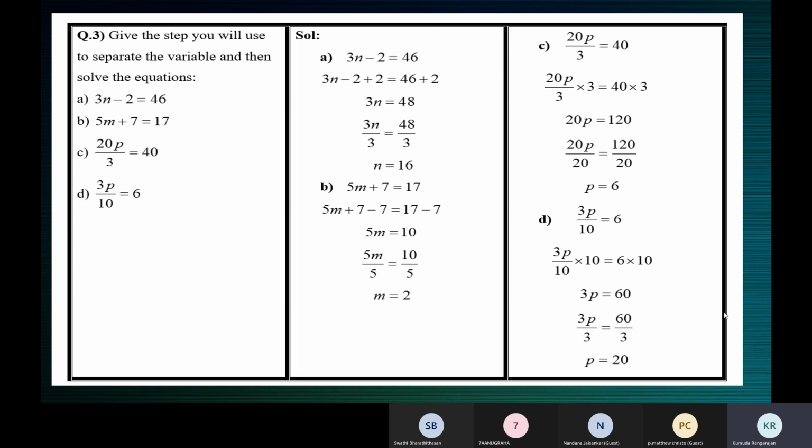Okay, I'll come to my question again. I said in C, we have 20p by 3 is equal to 40. How do we separate p from 20 by 3 in one step? Ma'am, I know, ma'am. Yes, Matthew? Ma'am, we should do like this, ma'am. 20p into 3 by 3, ma'am.